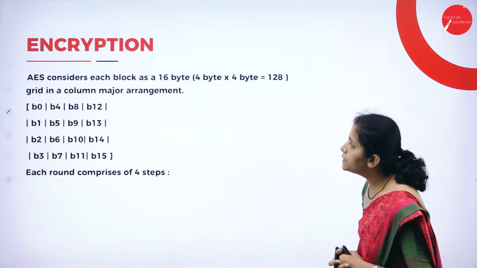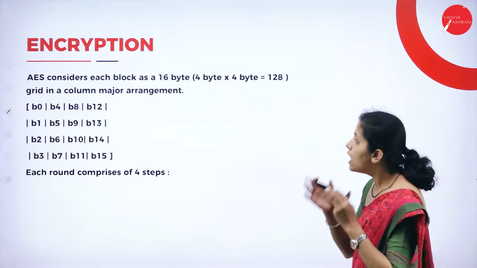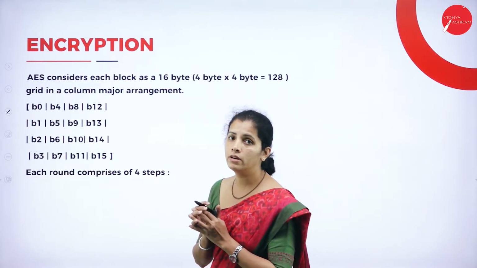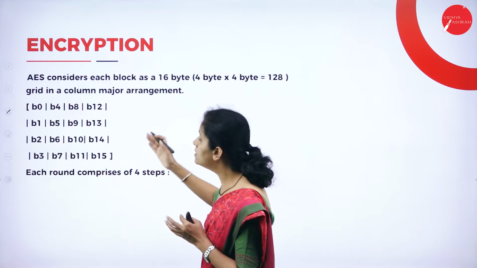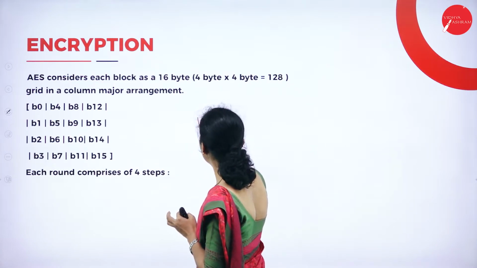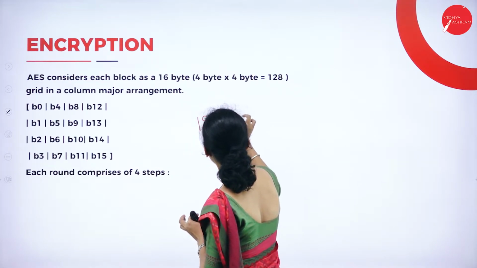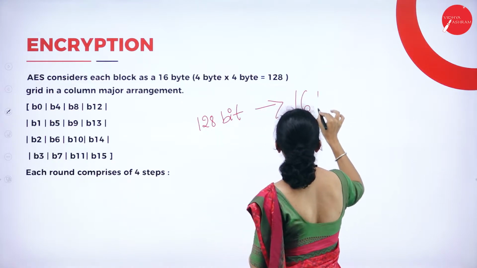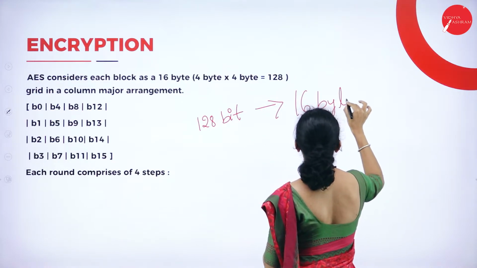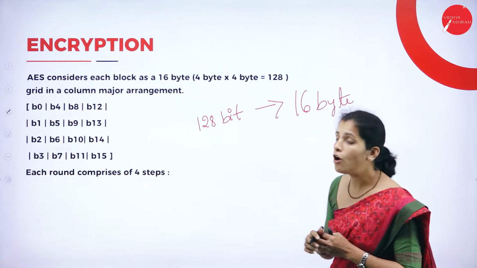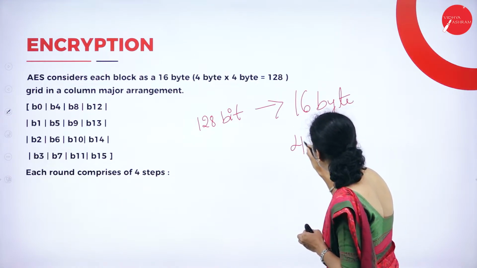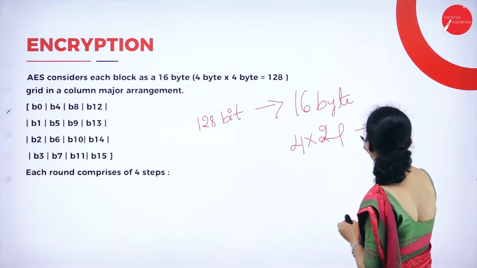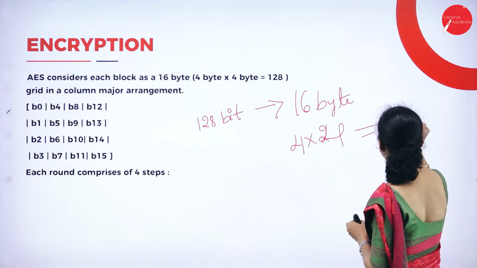Now, let me consider how this encryption algorithm is going to work. All the 128 bits are represented in the form of 16 bytes. So, it is represented in the form of 4 rows and 4 columns. That is nothing but a matrix.